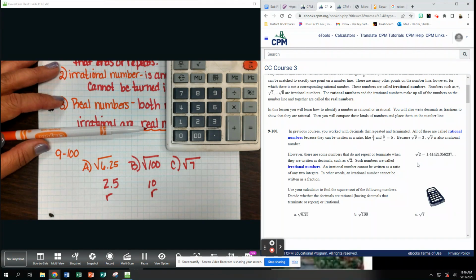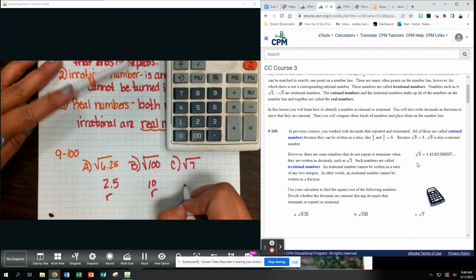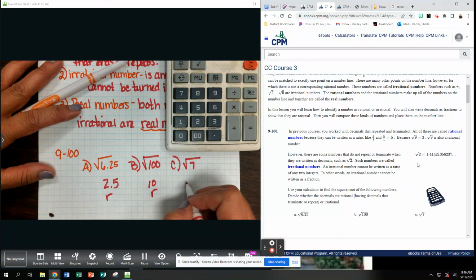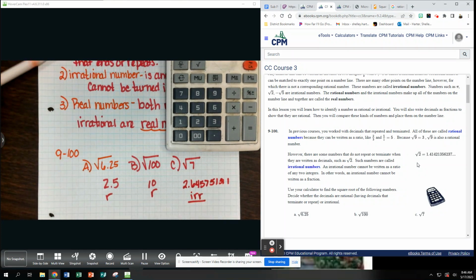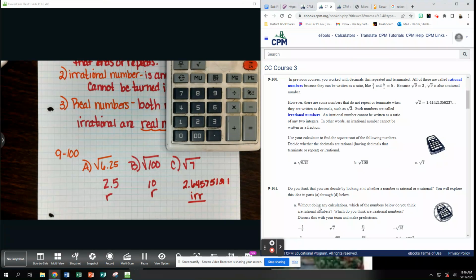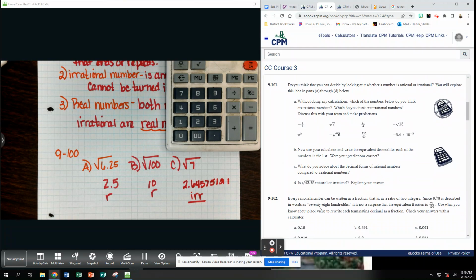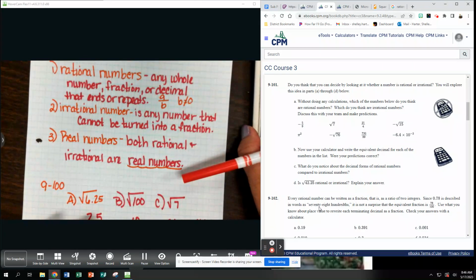Actually, am I lying to you? Oh no, it is not a rational number, because it goes 2.645751311. So this is irrational.